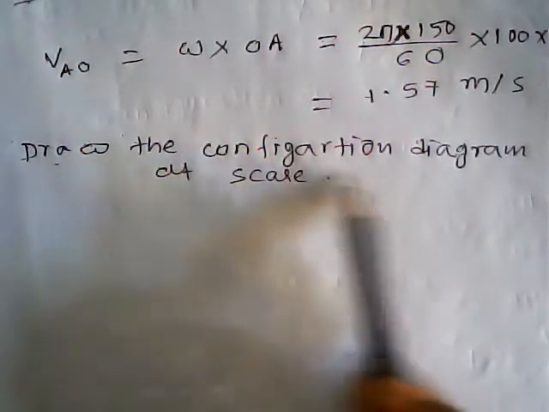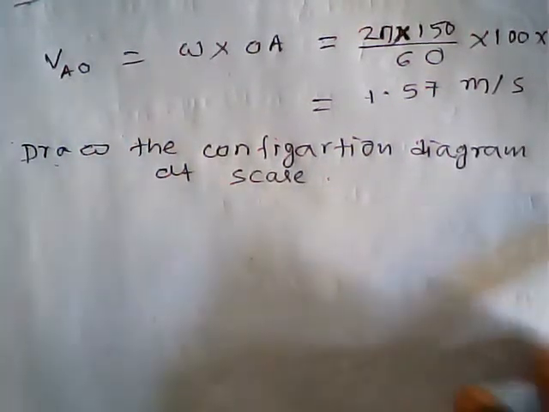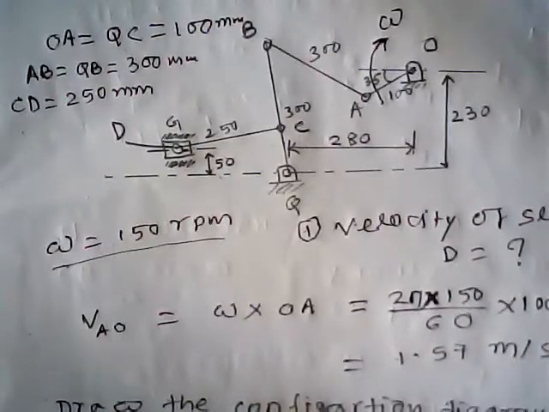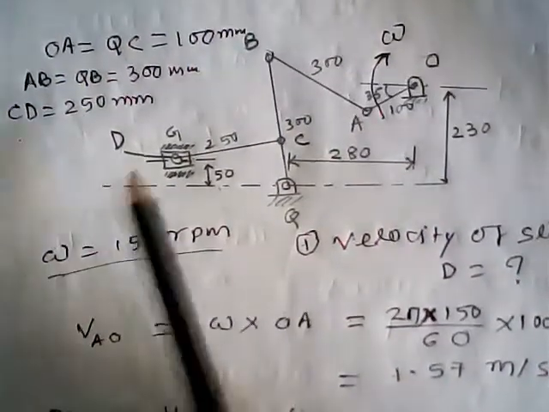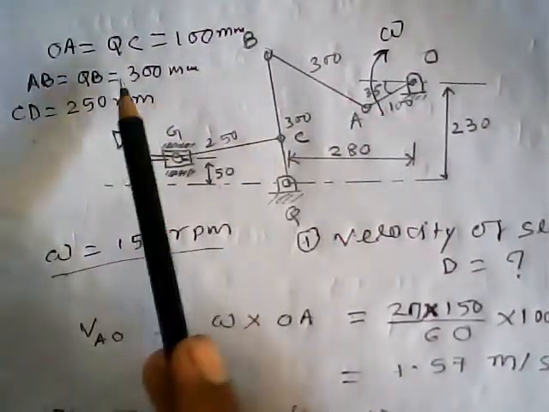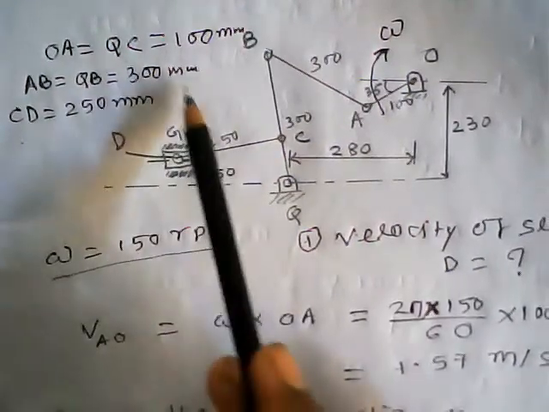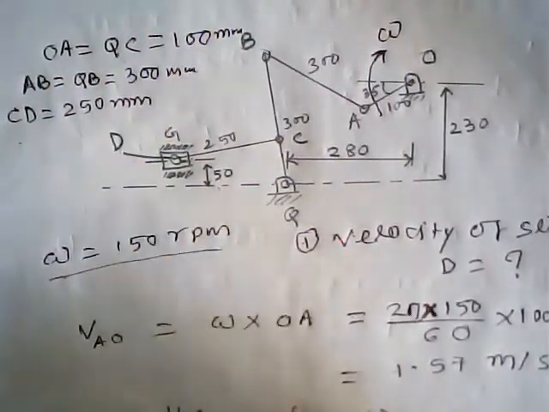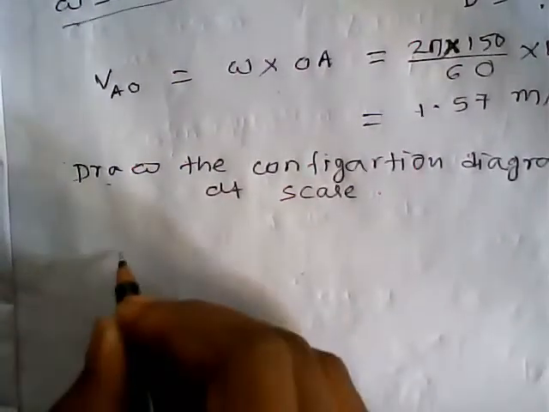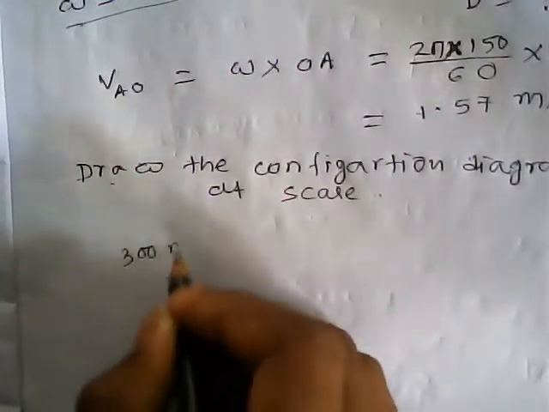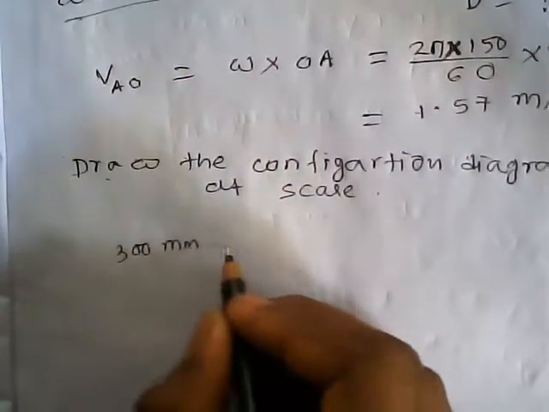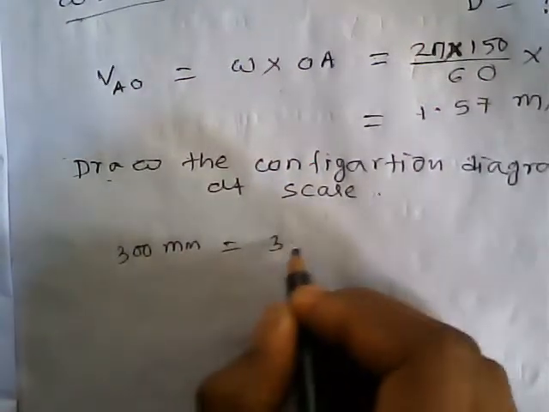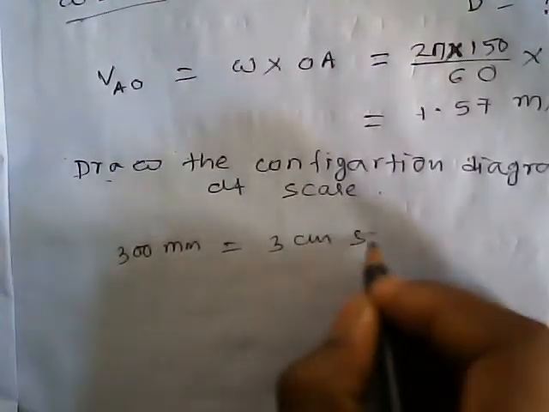Now draw the configuration diagram at a particular scale. Here the diagram is given, so we draw the configuration diagram at a particular scale. So I consider 300 millimeter equal to 3 centimeter scale.